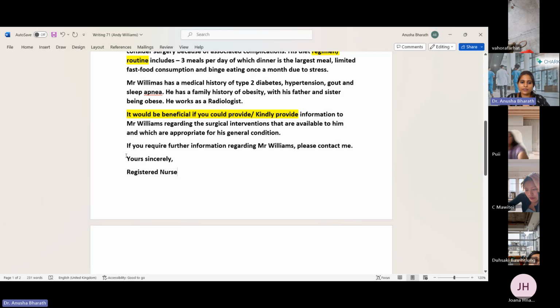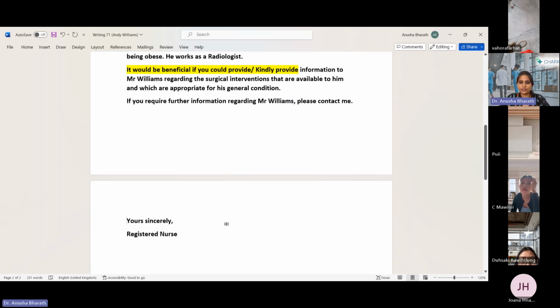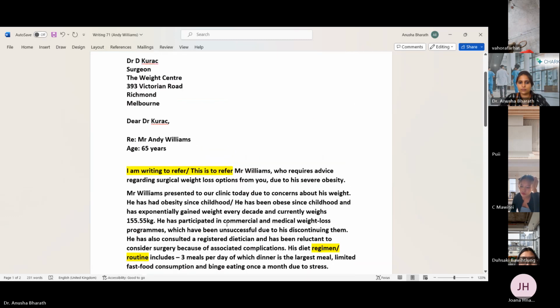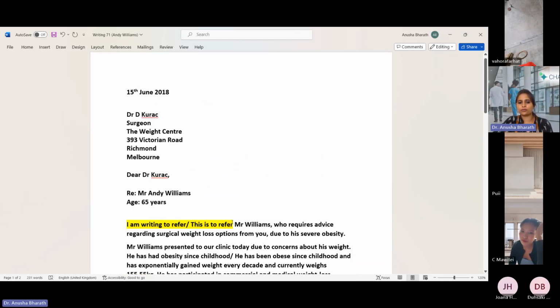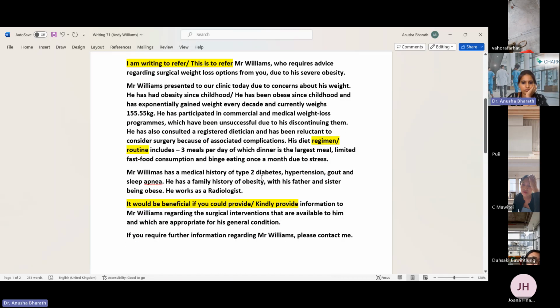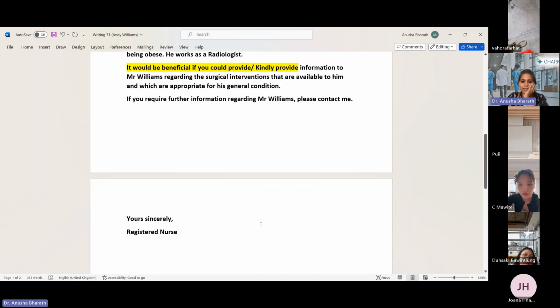Leave some space. If I leave space here, it jumps to the next page. I hope you have written it down. Is it clear? The words and stems that I have highlighted, you can opt for any one. You should not be writing both.